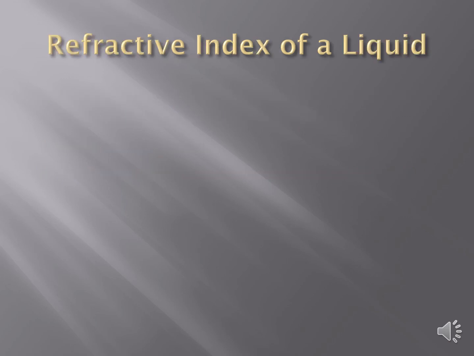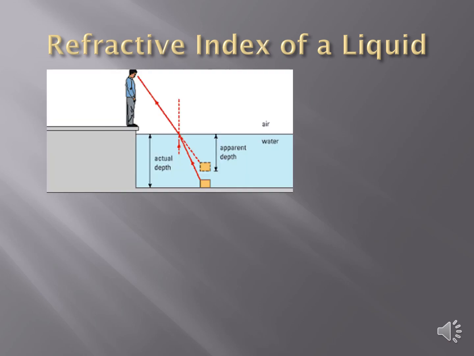Now, the refractive index of a liquid, there's a different experiment for this, but you never get questions specifically on one or the other. So I always stick to the glass block experiment for the exam. Okay, so how to calculate the refractive index of a liquid if required?